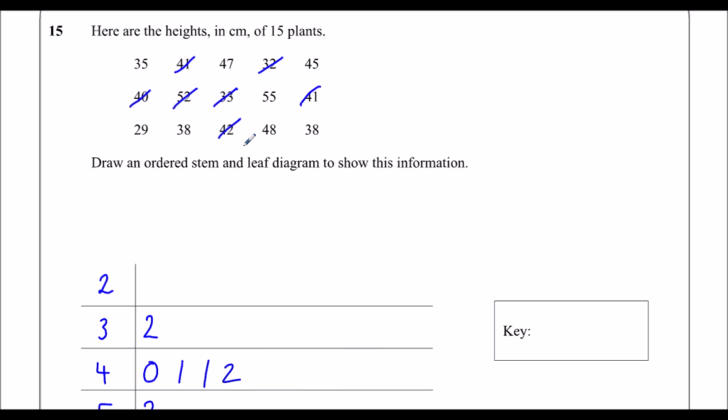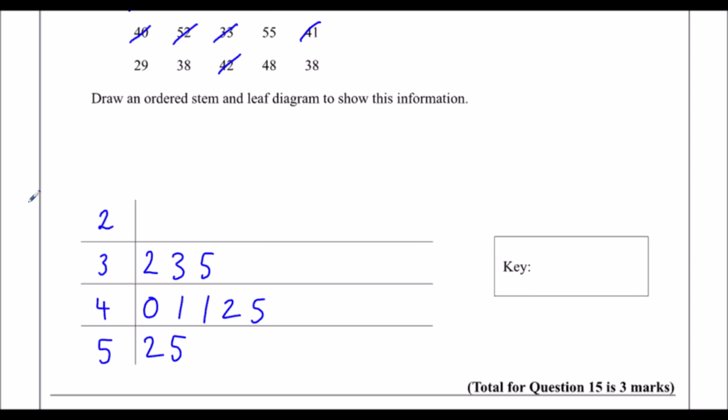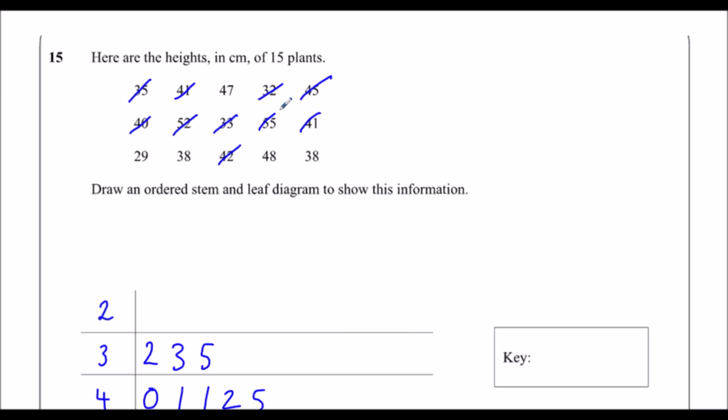So 3, 33. No more threes. We've got some fives. We've got 35. 45. And 55. No sixes. So we've got 47.